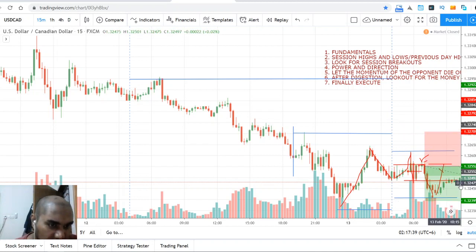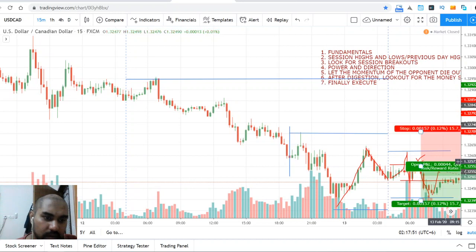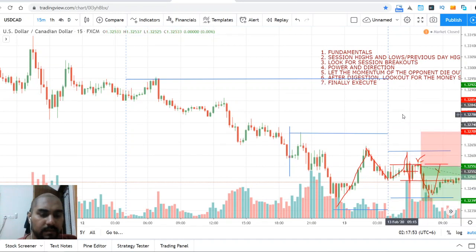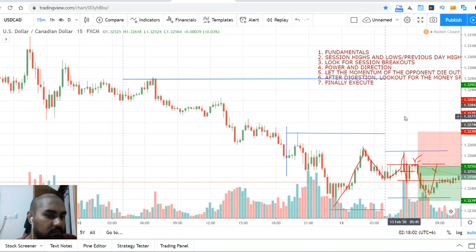The prices are coming close to my break even. Let's see, now takes a turn for the better. Next candle, still holding in this region. Next candle, still no luck.